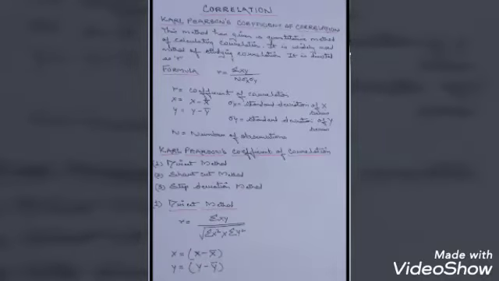Here r is the coefficient of correlation, x equals x minus x bar, which is the mean, y equals y minus y bar, which is the mean, standard deviation x is the standard deviation of the x series, standard deviation y is the standard deviation of the y series, and n stands for the number of observations.